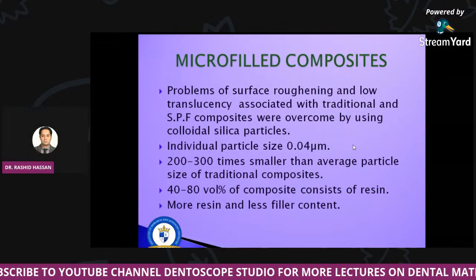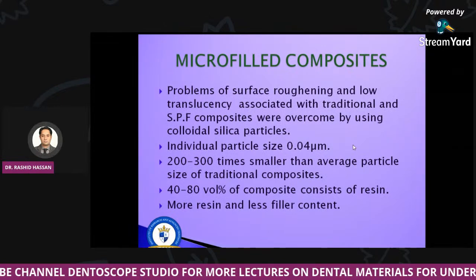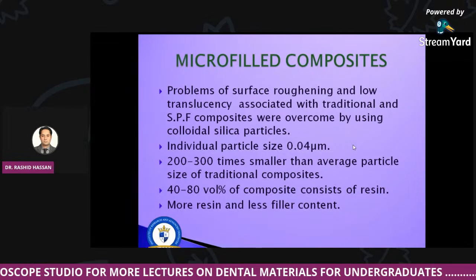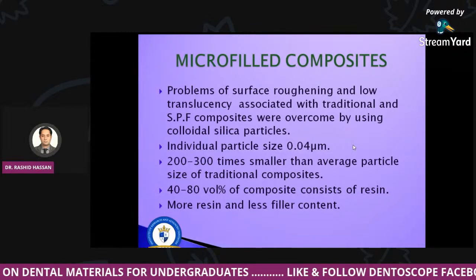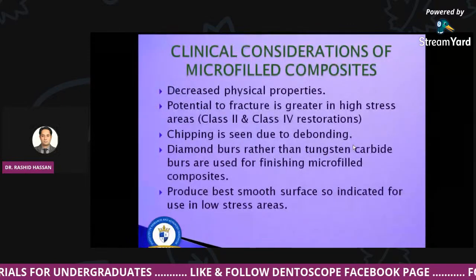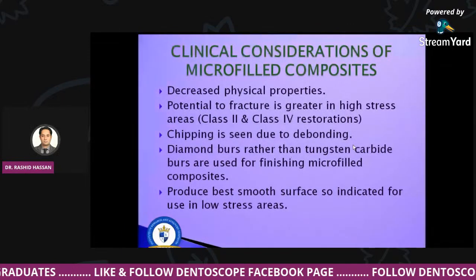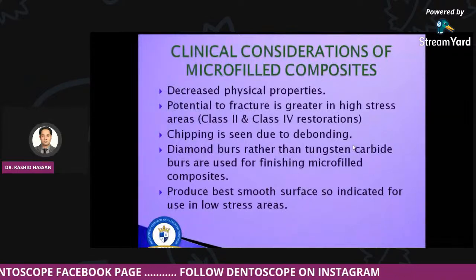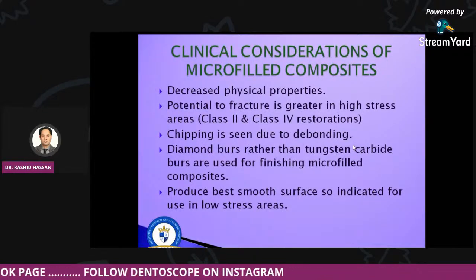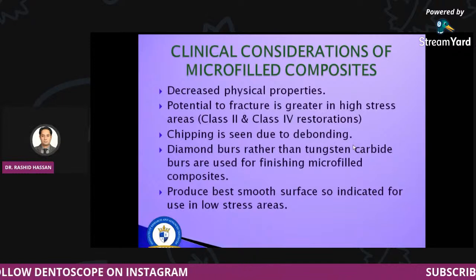Here we see 40 to 80% consists of the resin. Resin means your organic component. Strength and hardness, these properties come from the inorganic component. So the inorganic component is quite low in the microfill dental composite. They can easily chip off due to debonding.